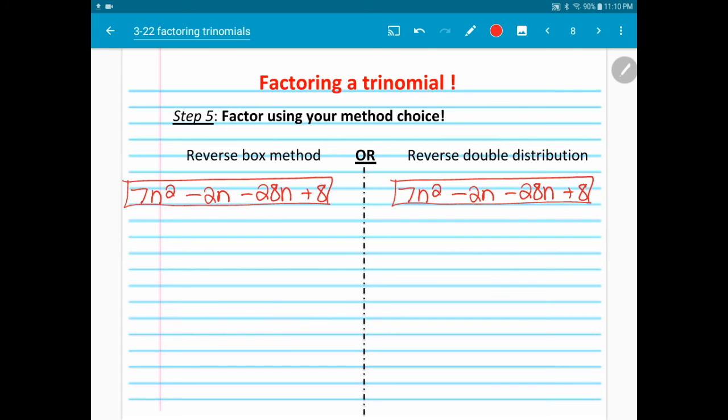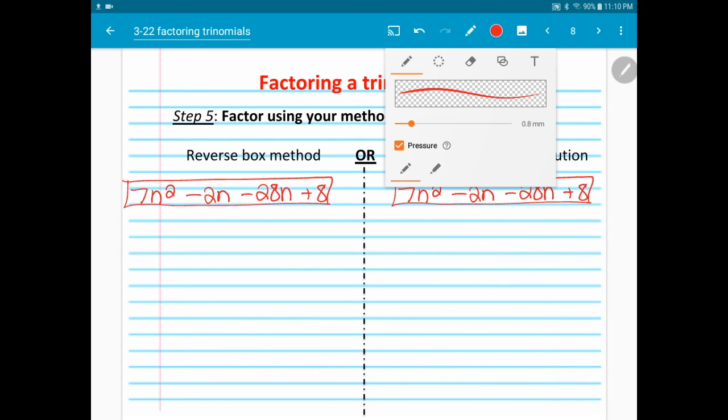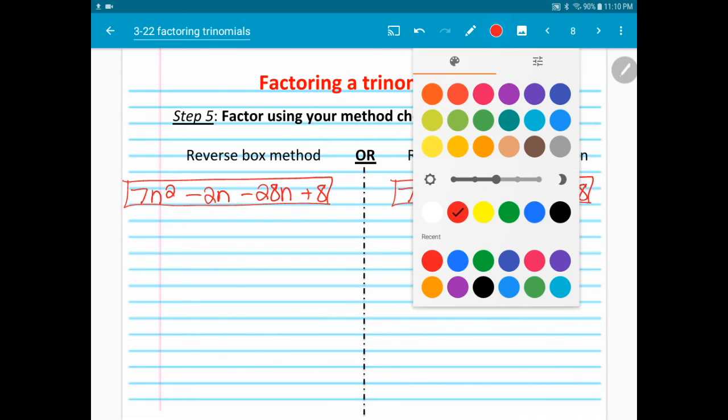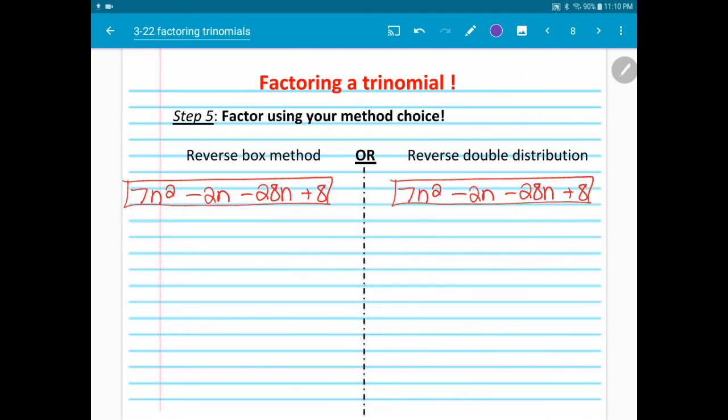Binomials means two, remember. So, again, you can fast forward and just choose which method you want to try and check your answers. You can pause the video, you can fast forward it, whatever you want to do to assure that you are learning this. So, I'm going to do reverse box method first. And then I'll do reverse double distribution.